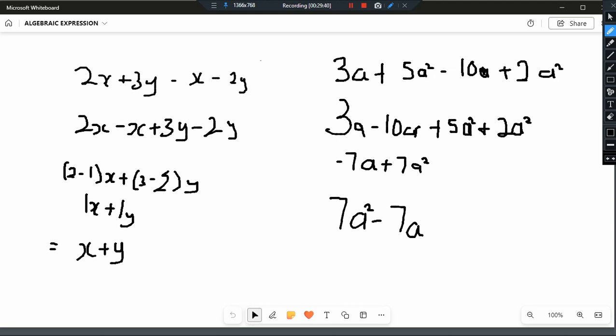I just wanted the positive to be shown first before the negative. This is the same thing as this. I hope you understand it. Now we've not gotten anywhere, so we are not going to do anything to this. When we get to factorization, then you will see that we can do something to this, but we are taking it step by step.